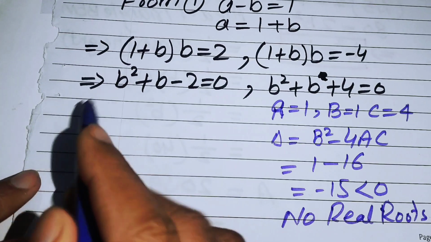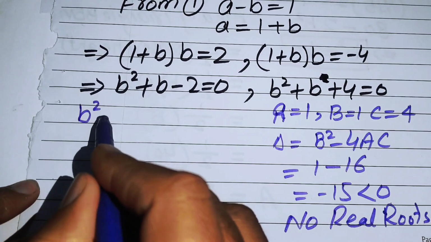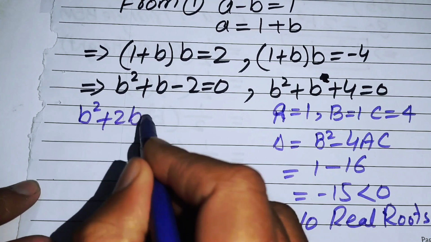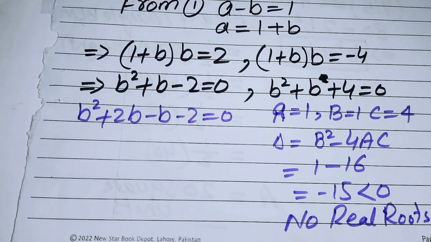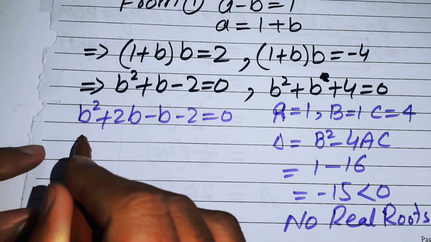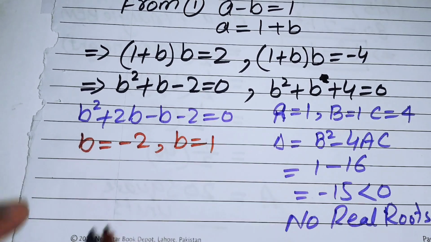So in this case we make the factors of this equation, and the equation is b squared plus b minus 2 equals to 0. So here we break the middle term and we get the solutions of this equation: b equals to minus 2 and b equals to 1.